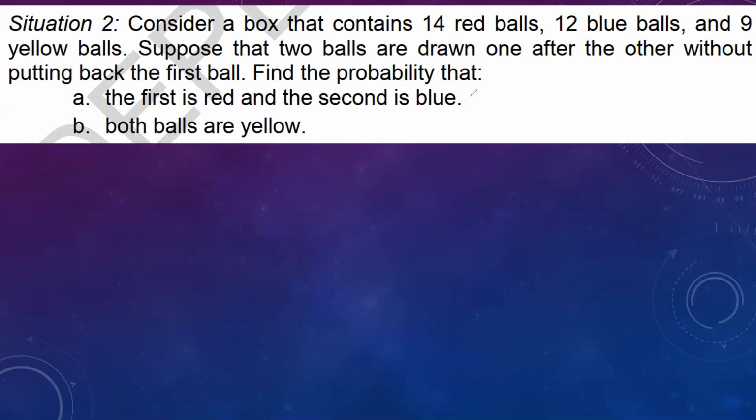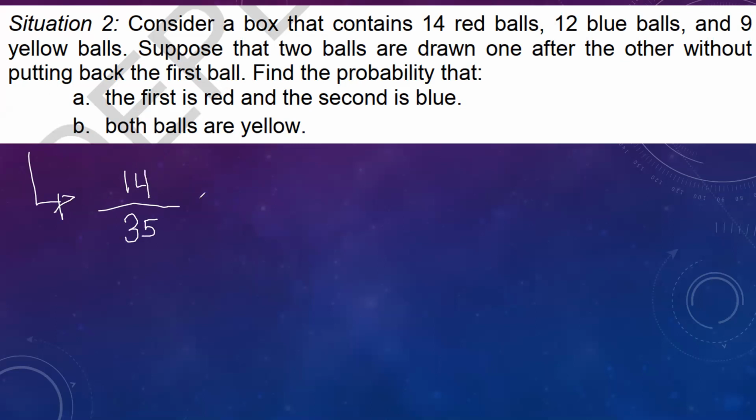First is red and the second is blue. So unahin muna natin doon. What is the probability of red? Ilan nga muna sila lahat? 35. Ilan ang red doon? 14.